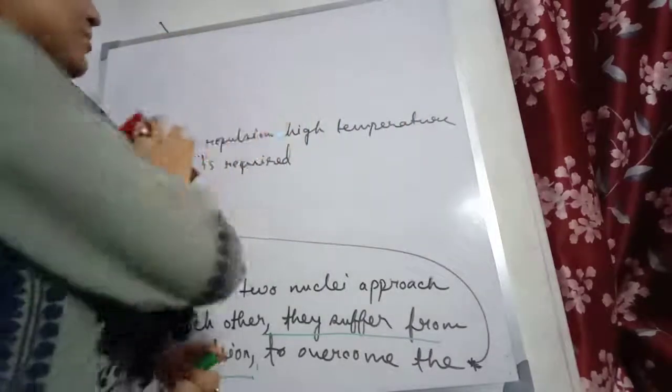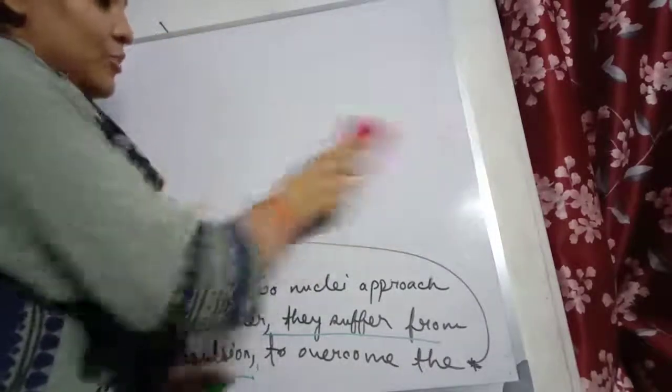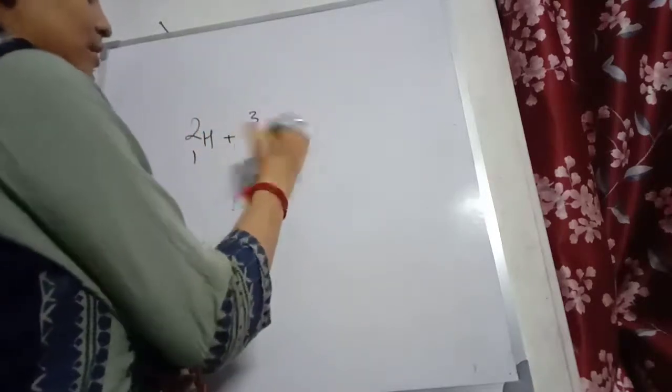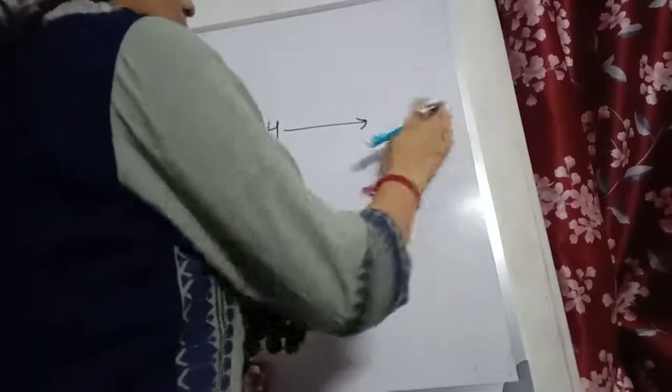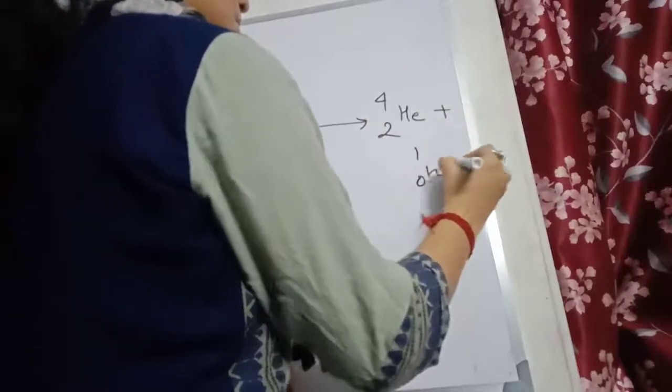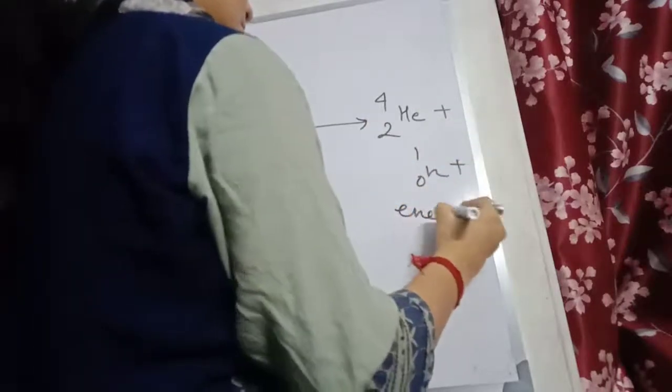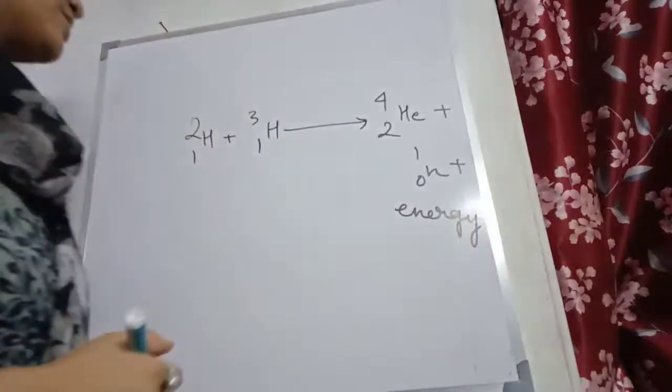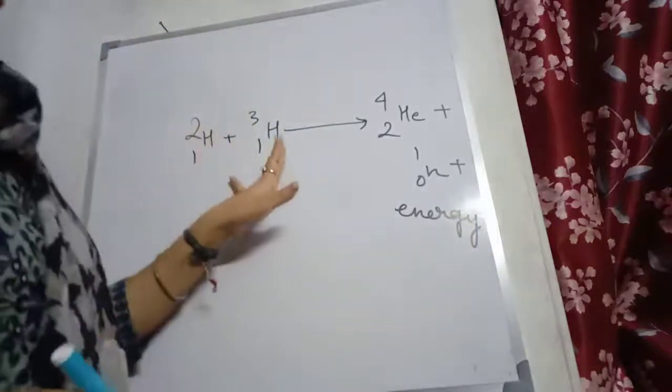Now let's see the equation of nuclear fusion. 2H1 plus 3H1, we get helium plus neutron plus energy. On the left hand side the reactants are 2H1 and 3H1.